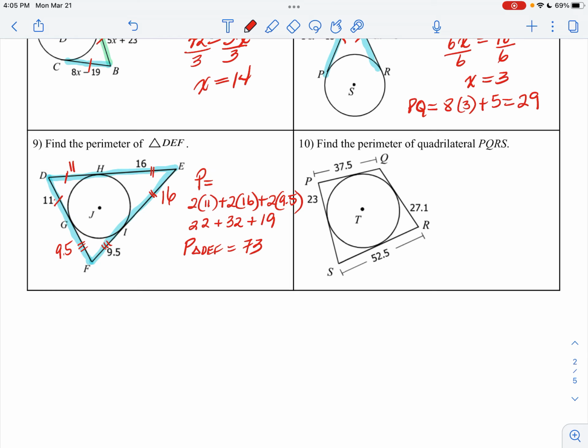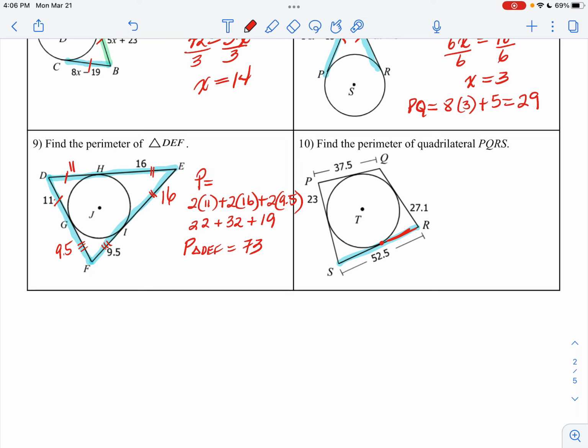All right, let's see, what can we do with number 10? Number 10 is a little bit different. Notice what they're giving us here. They're giving us this entire side. So we can easily enough find this segment here, right? But do we really need it?